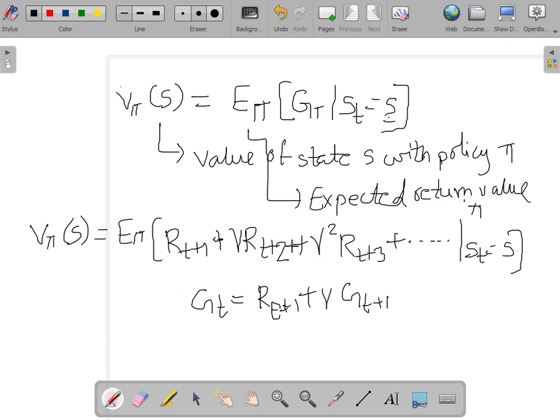When I take G of t plus 1, the first value will be t plus 2. So I can write the same equation in another way.